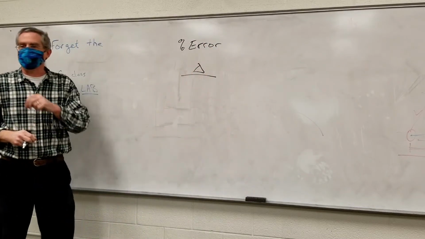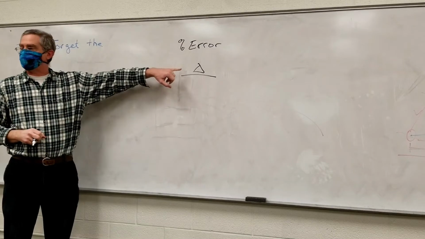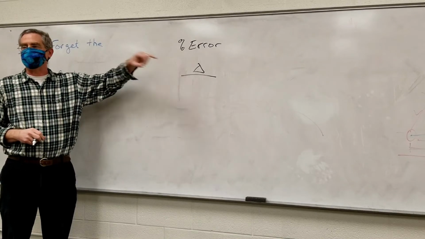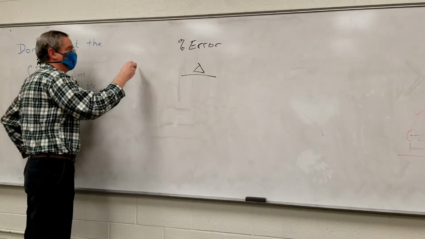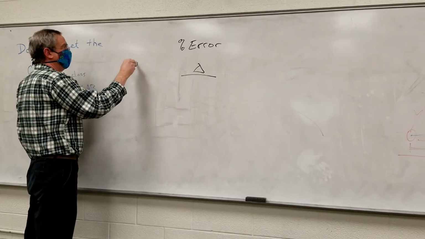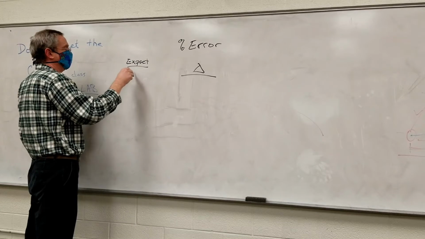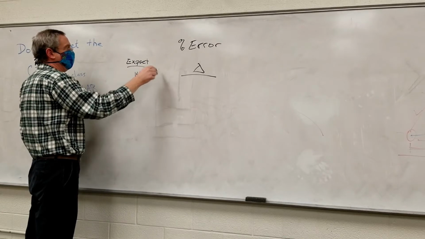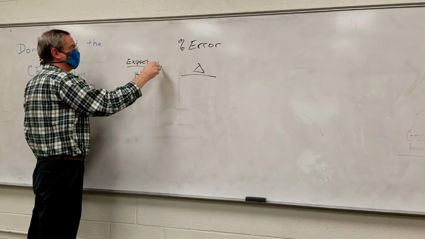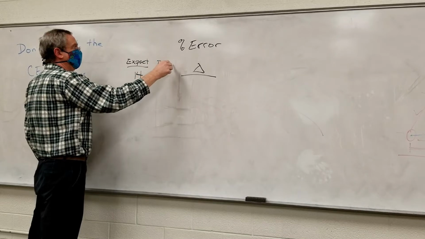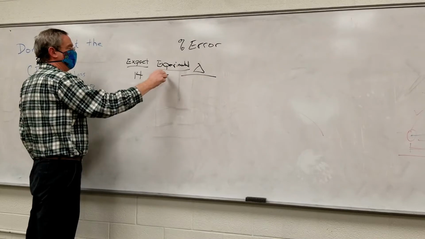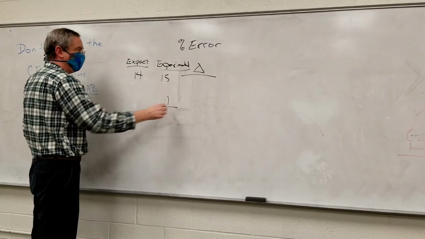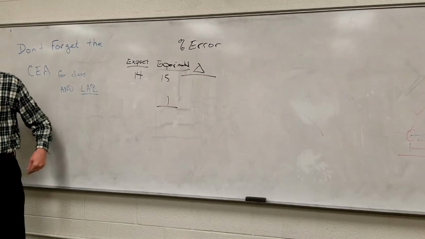you basically are comparing two numbers, and whatever the difference is, that's the numerator. So the delta just means change. So this is the difference. So if I expect the answer to be 14, and I get, so my experimental is 15, the difference is 1, and then I divide by what I'm comparing it to.